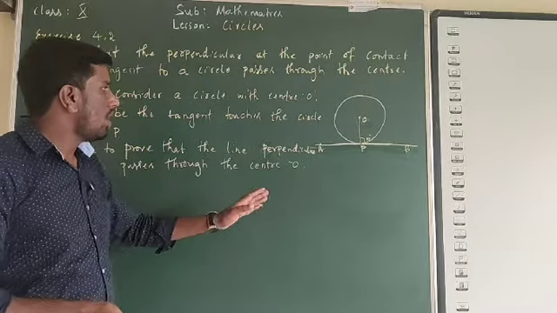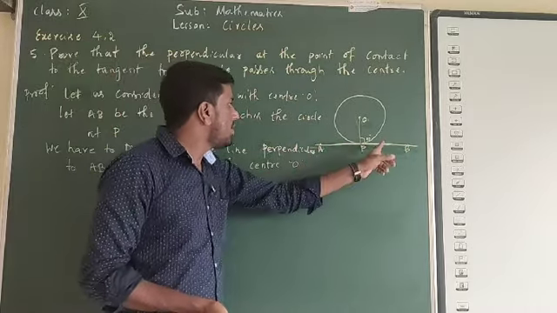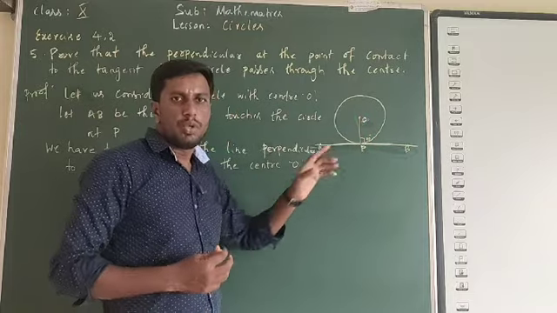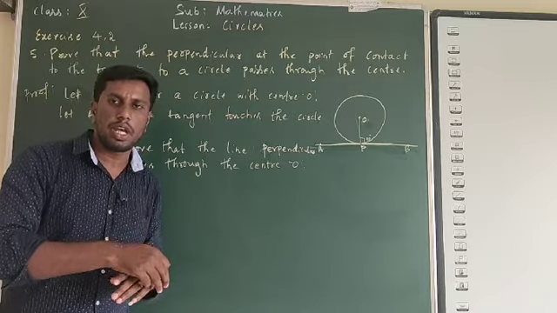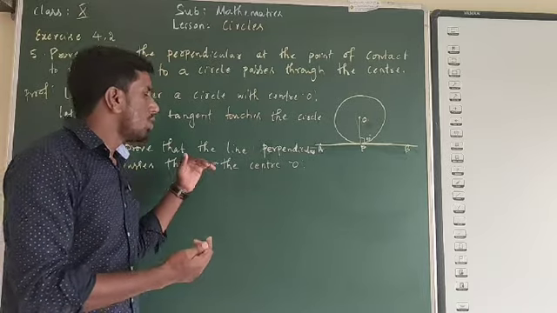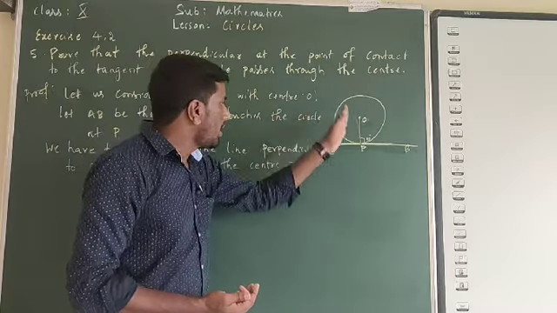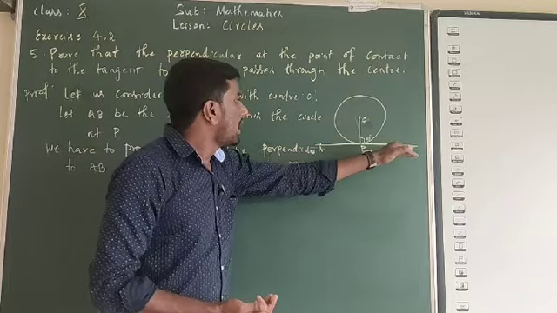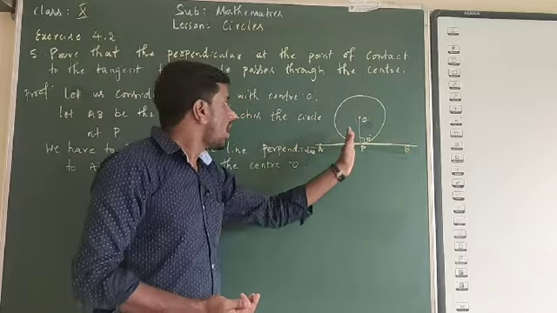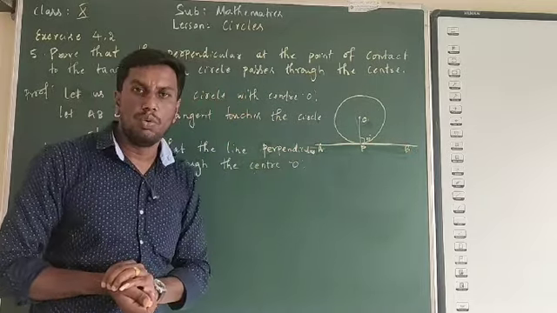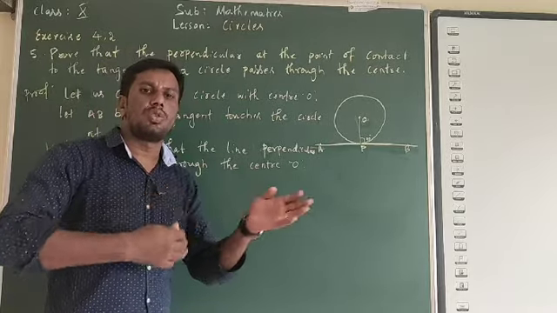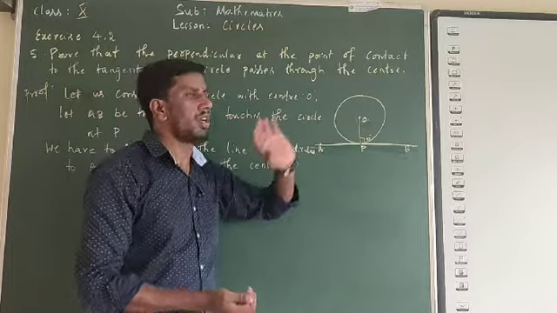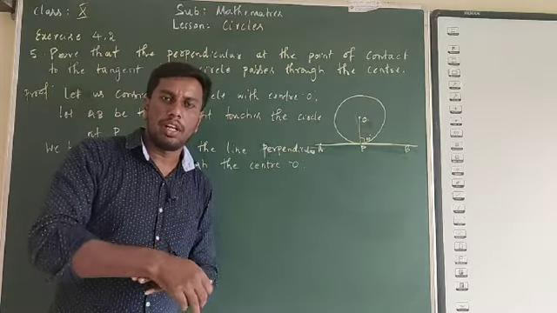Suppose the question is here: the line perpendicular to the tangent should pass through center O. This we need to prove by the contradiction method. So what do we need to assume? Assume that the line perpendicular to the tangent AB does not pass through the center O. That means it passes through some other point. We will be defining it like that.